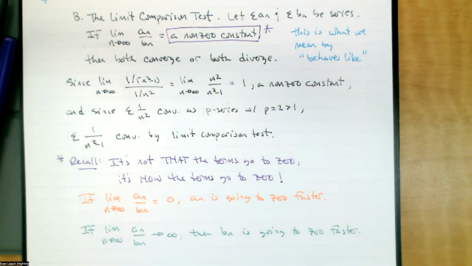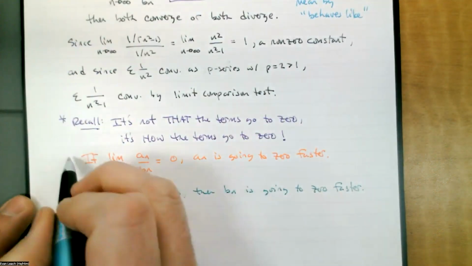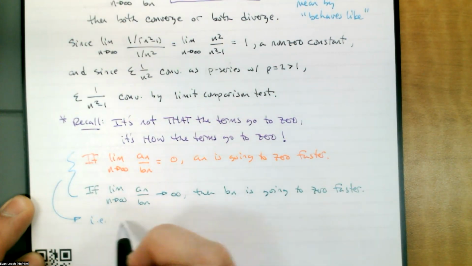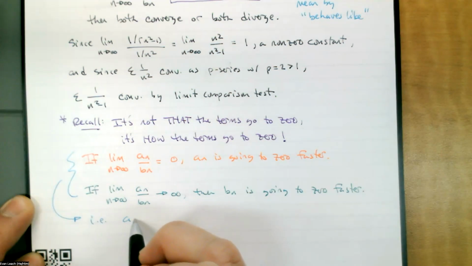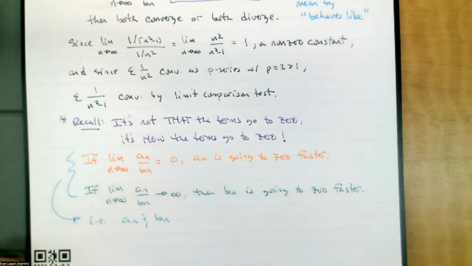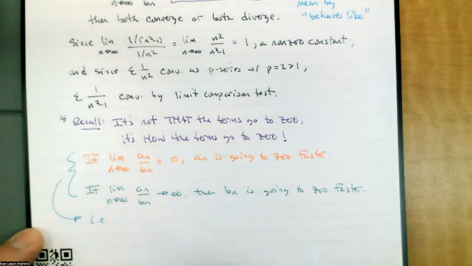And more importantly, they're not behaving like each other. In both cases, a_n does not behave like b_n.